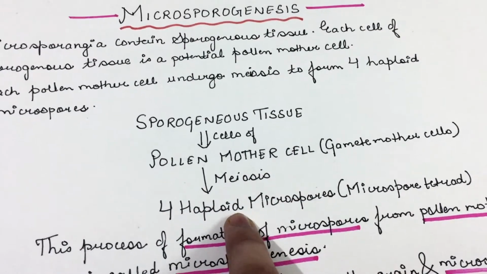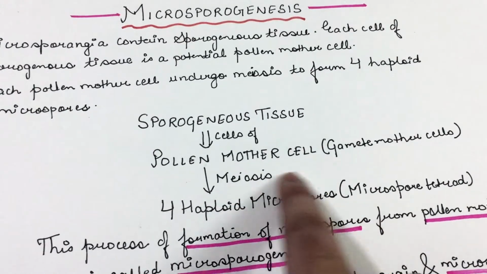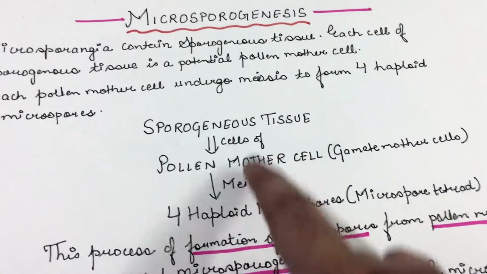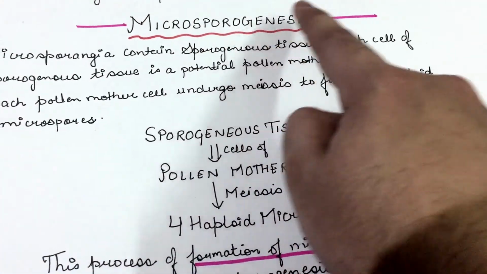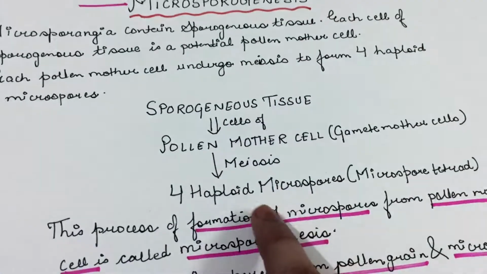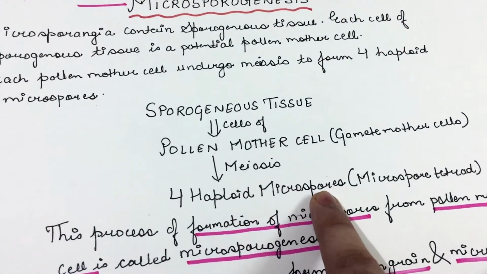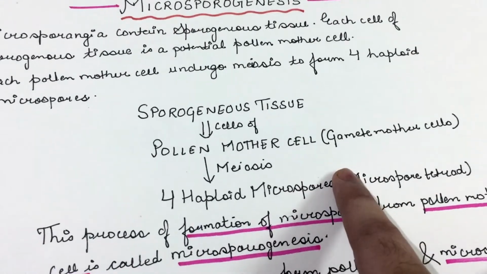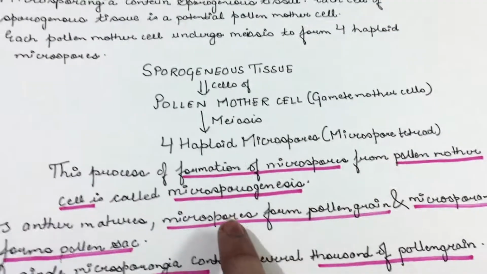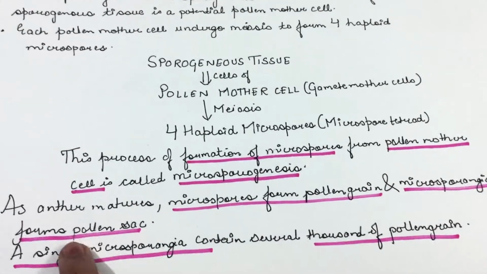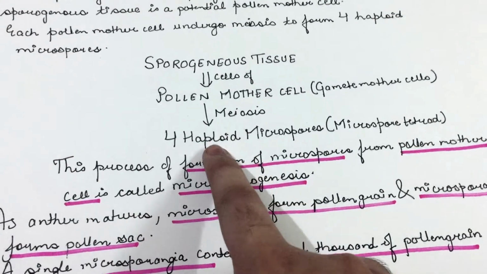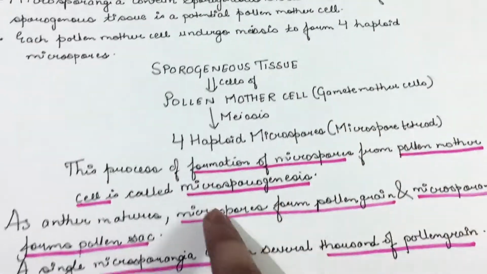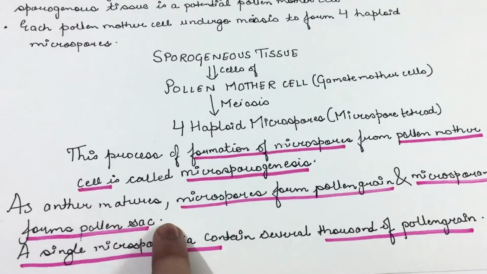And this process of formation of microspores from pollen mother cell by meiosis is called microsporogenesis. These 4 haploid microspores change into pollen grains as anther matures, and the microsporangium forms the pollen sac. So the 4 microspores will form the pollen grain, while the microsporangium will form the pollen sac.